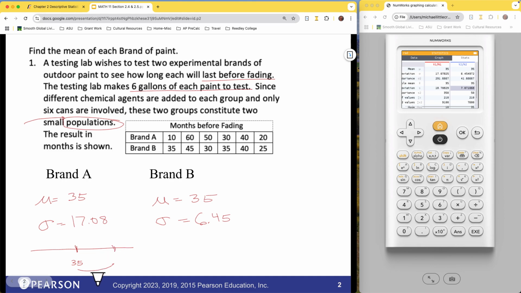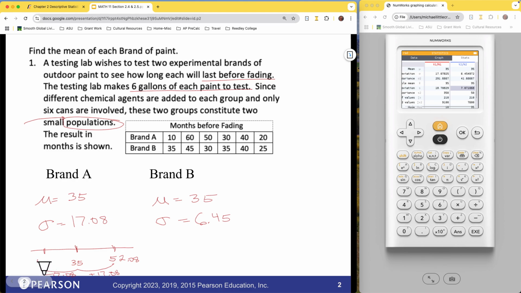So if you add 17.08, you would get to 52.08. And if you were to subtract 17.08, you would get down to 35, 25, 15, not quite 20, come back 3 more, 18.